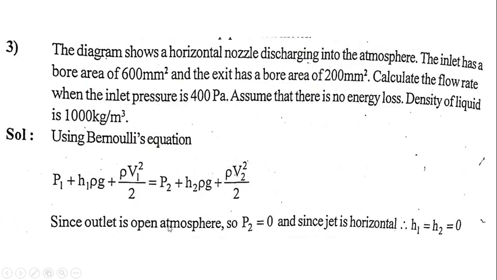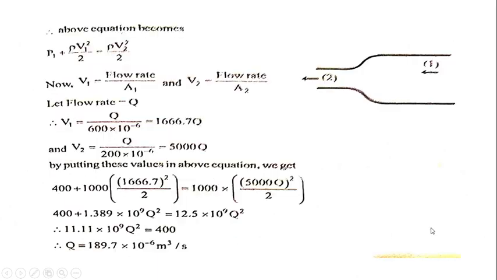Since the outlet is open to atmosphere, P2 equal to 0, and since the jet is horizontal, H1 equal to H2 equal to 0. Now V1 equal to flow rate upon A1 and V2 equal to flow rate upon A2.